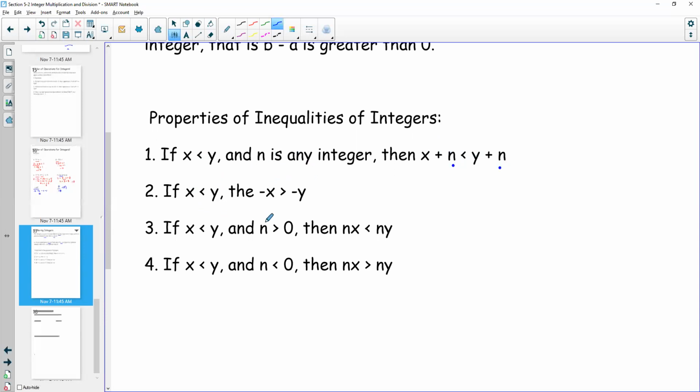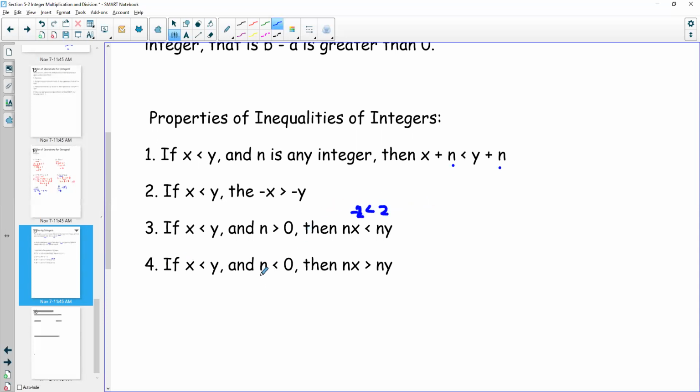If x is less than y and n is greater than 0, if I multiply everything by n, then it's still the same relationship. This would be like saying -2 is less than 2. If I multiplied both of them by 3, it would still be less, right?